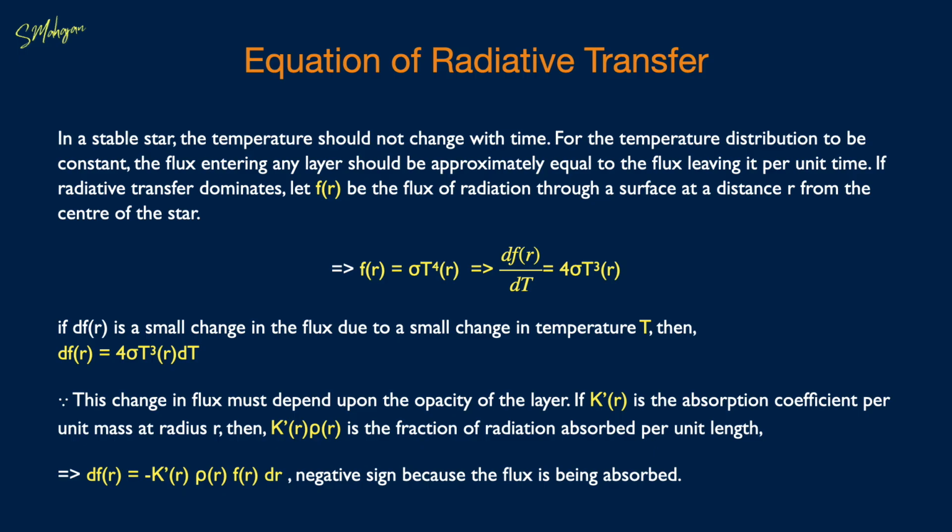This leads us to the final equation, that is dF is minus kappa times rho times F dr. The negative sign appears here because the flux is being absorbed. That is, the final flux is less than the initial flux which entered this infinitesimally thin region of thickness dr.